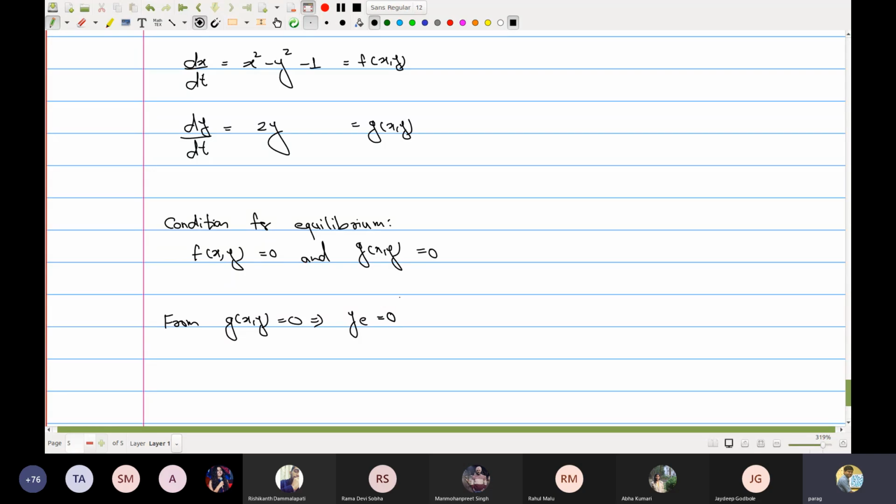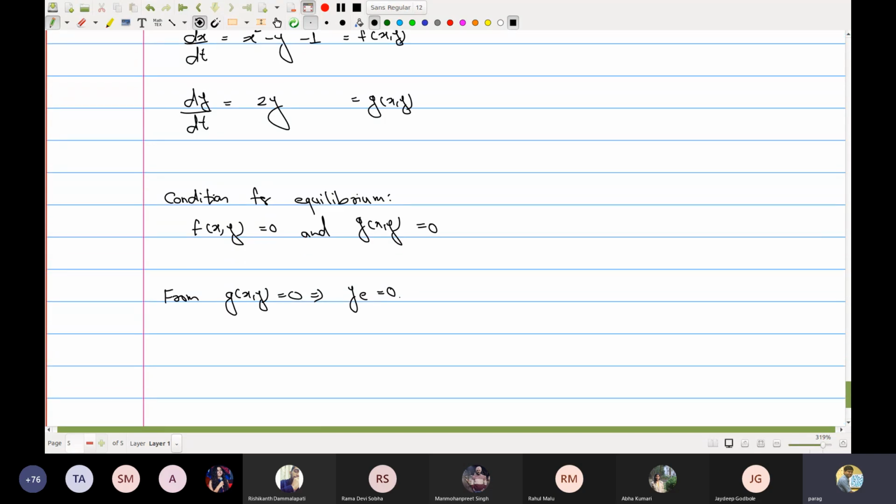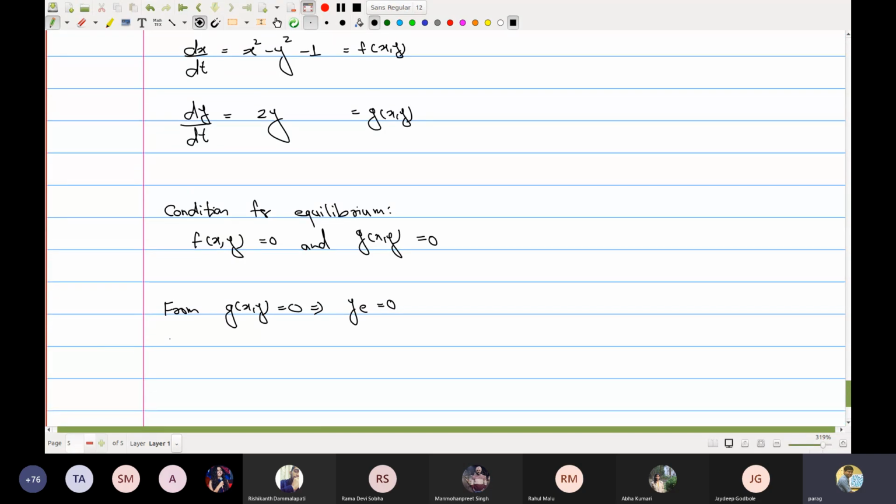Now from f of x, y equal to 0 and y equilibrium as 0, what I get is x squared minus 1 equal to 0, which means x equilibrium is plus 1 and x equilibrium is minus 1.